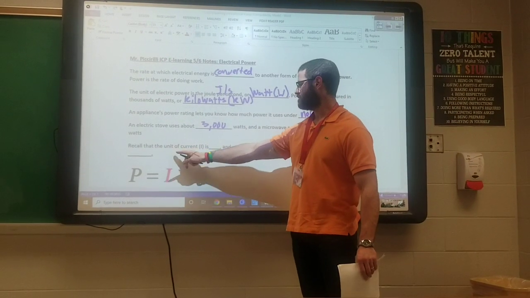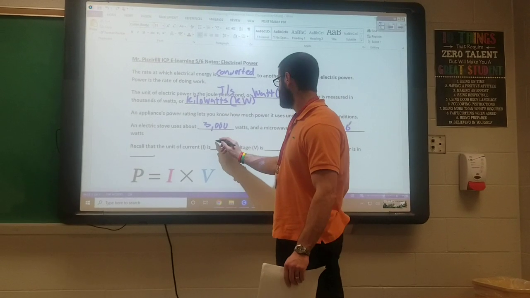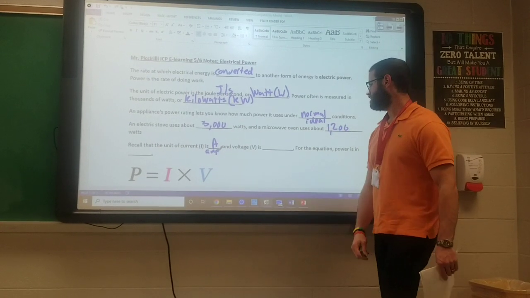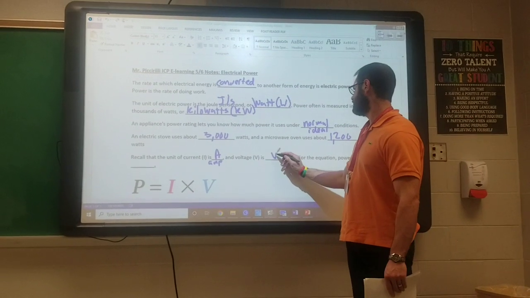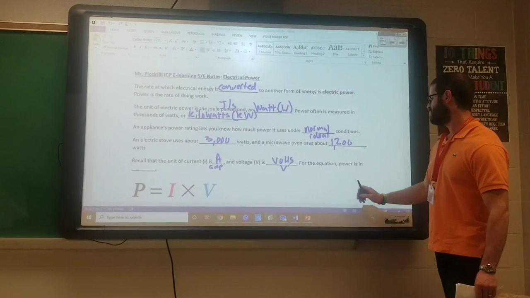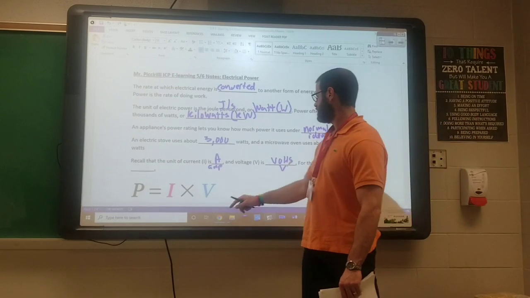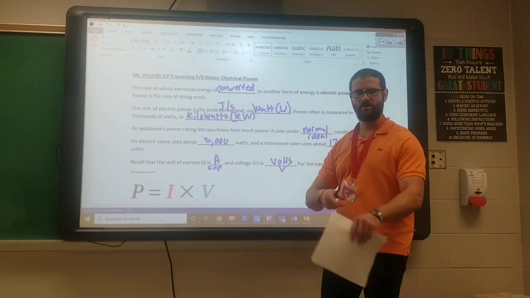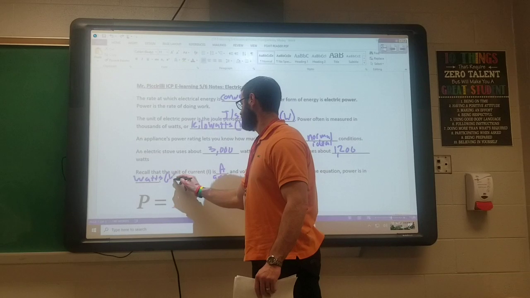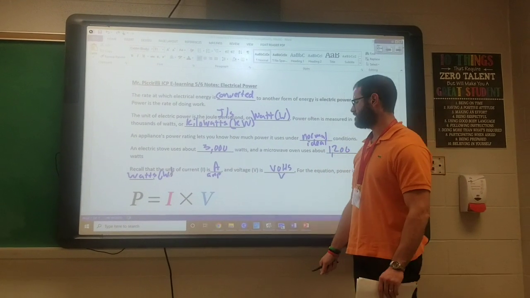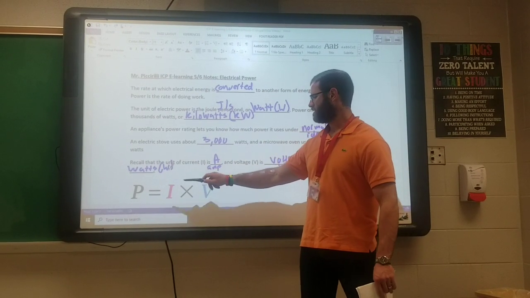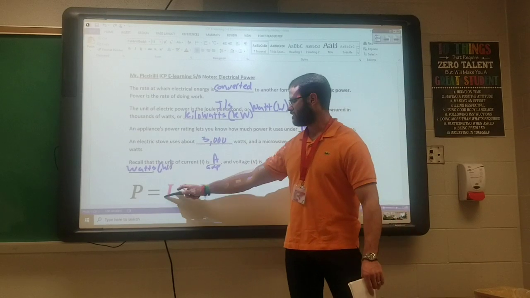Remember, the unit we use for current is the amp, abbreviated A. For voltage, we use volts, abbreviated V. And power, for our calculations today, is going to be in watts, abbreviated W. So the relationship is that electrical power is equal to the amount of current times the amount of voltage, the product of current and voltage.